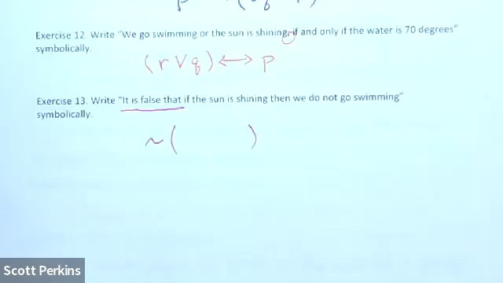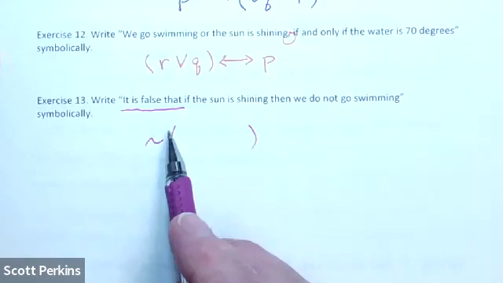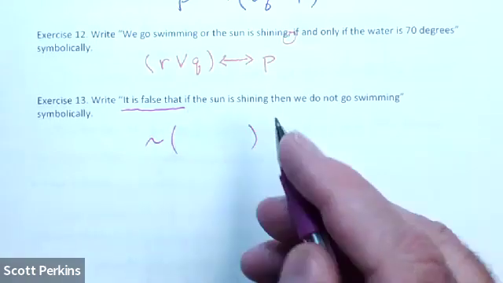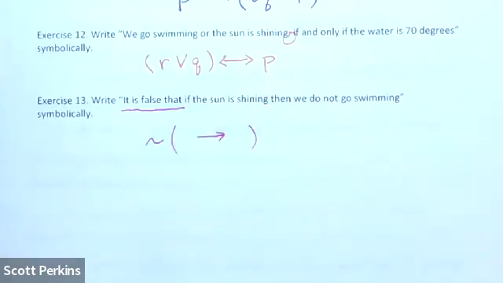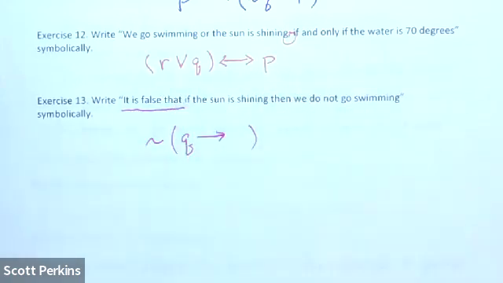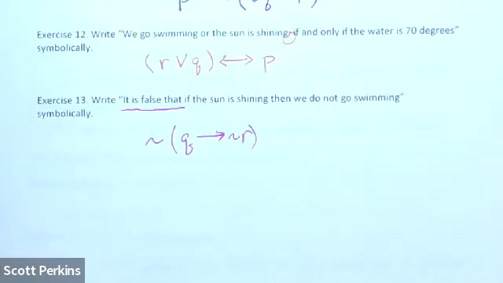"It is false that," or "it is not true that," is an indicator that everything that comes after is grouped and has the opposite truth value. So, squiggly, a negation, and then parentheses. Now what comes after is in parentheses. If the sun is shining, so it's an if statement, I've got a conditional. If the sun is shining, that's Q. Then we do not go swimming, so that's squiggly R. There we go.